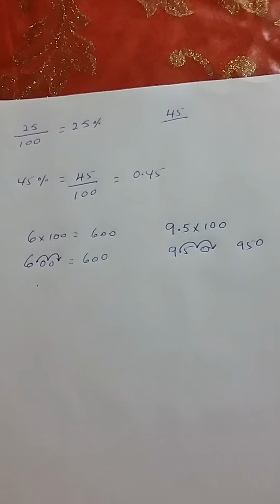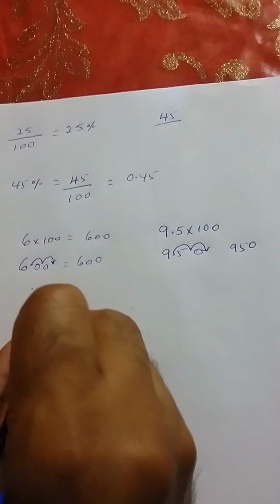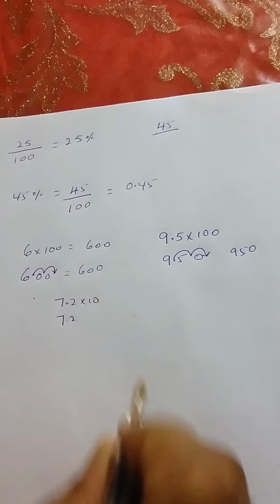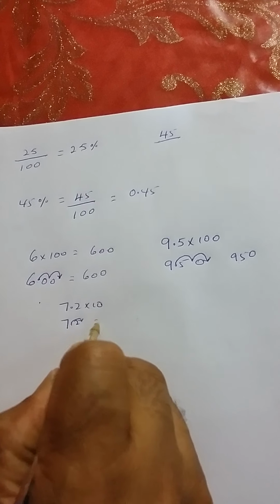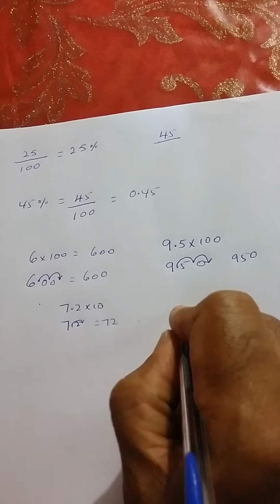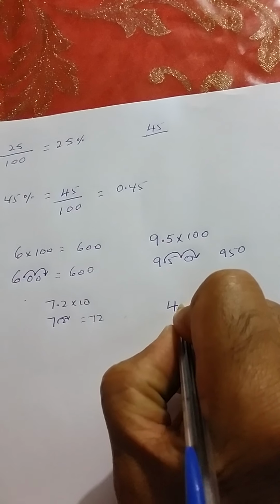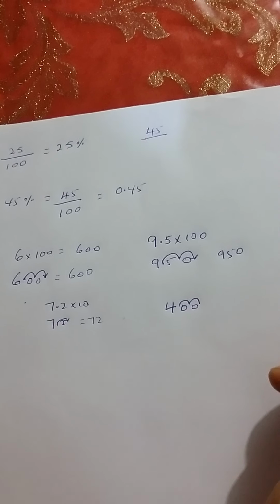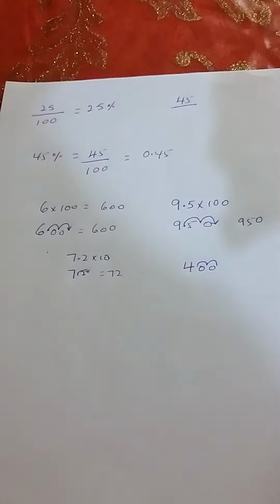And while we are on that, when we are multiplying by 10, we just shift it 1 place to the right. So if we had 7.2 times 10, we shift 1 place to the right, so we end up at 72. 4 times 100, we shift 2 places, we end up at 400.